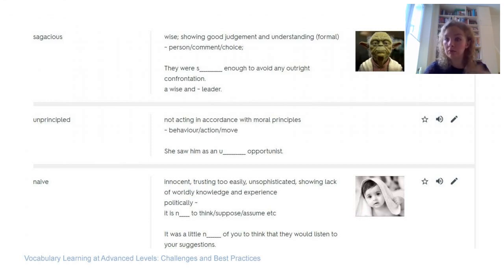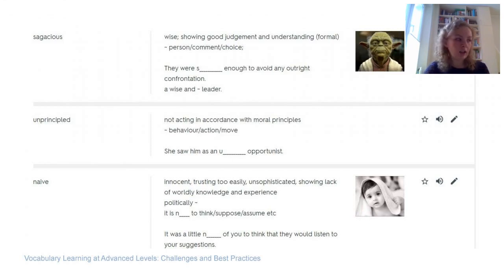So it's not just he's naive and she's naive, but this whole chunk, this is what we call colligation. This is a grammar structure incorporated in the use of this language. So it is much more frequent to see an example: it's naive to think of something blah blah blah, and it was naive of you to blah blah blah.